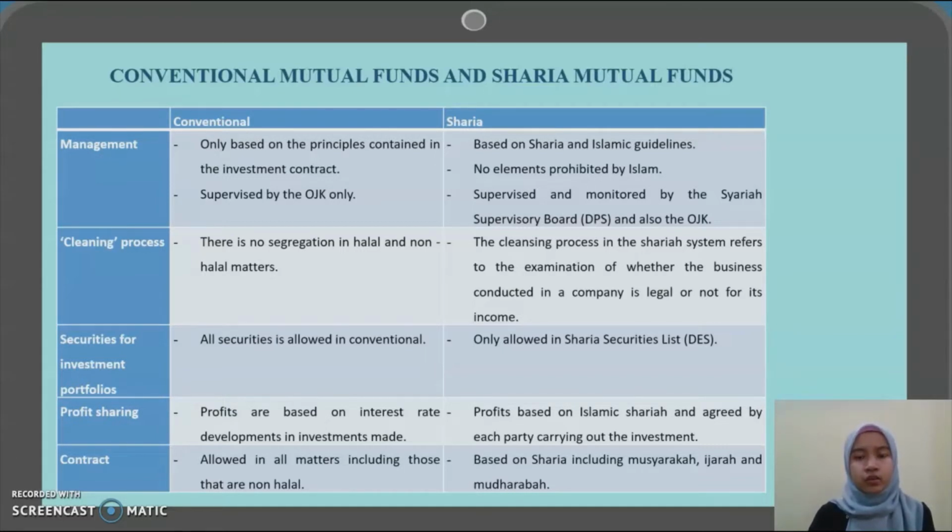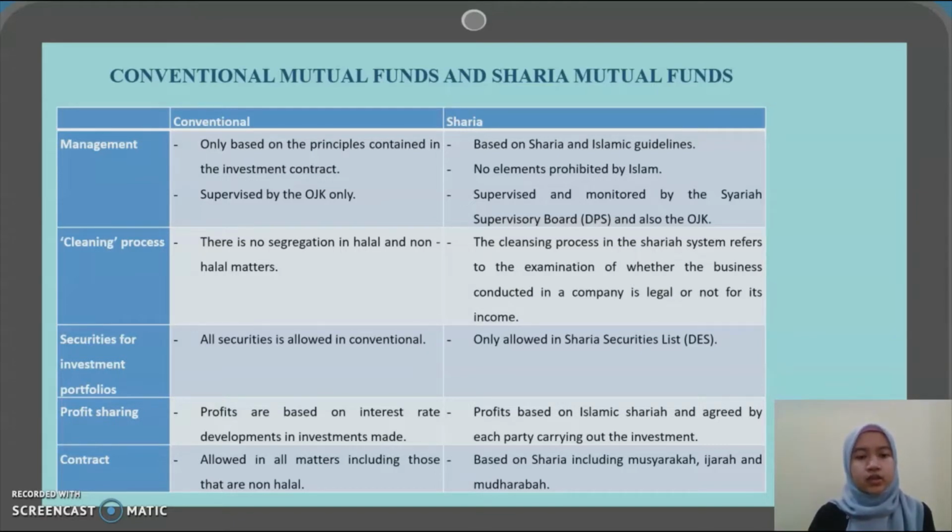Meanwhile, Sharia mutual funds are based on Sharia and Islamic guidelines and there are no elements that are prohibited by Islam, which are gharar, maisir and riba, and they are supervised and monitored by the Sharia Supervisory Board, DPS, and also by OJK.